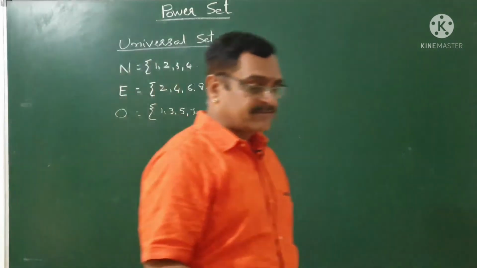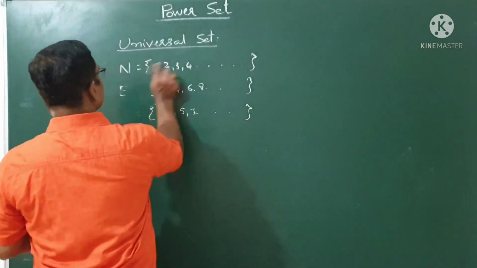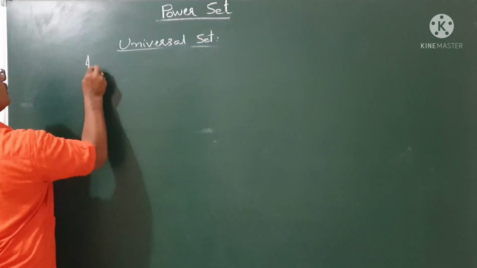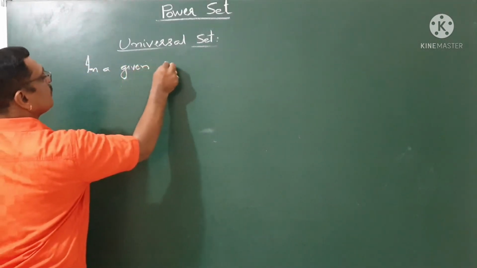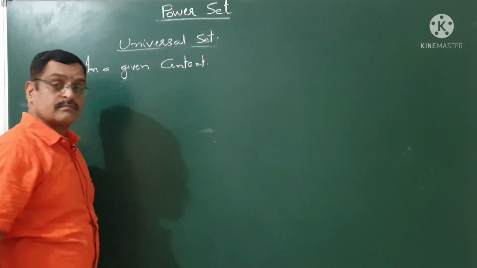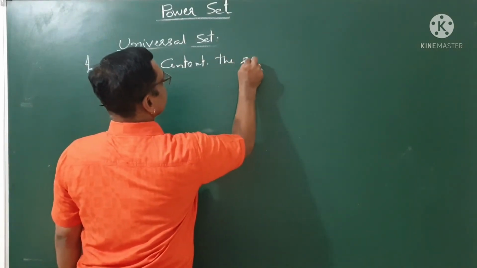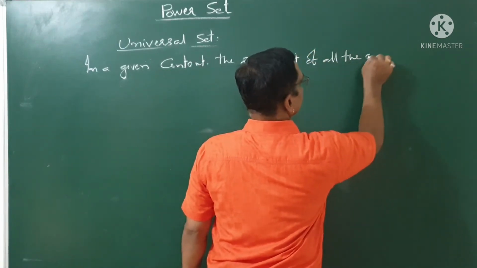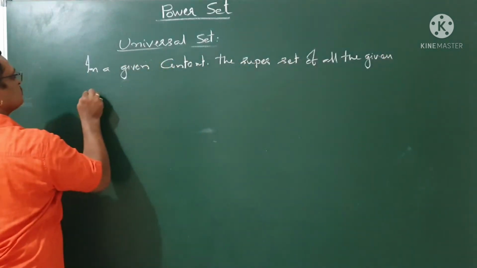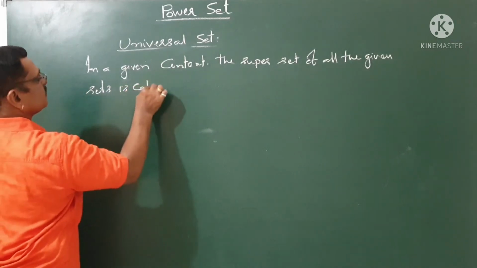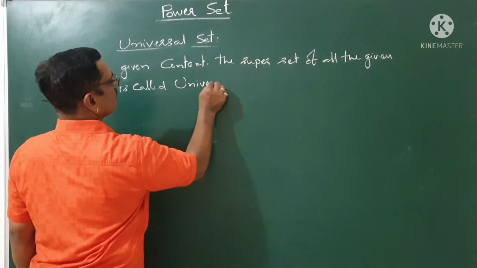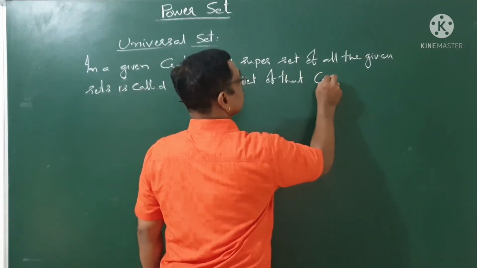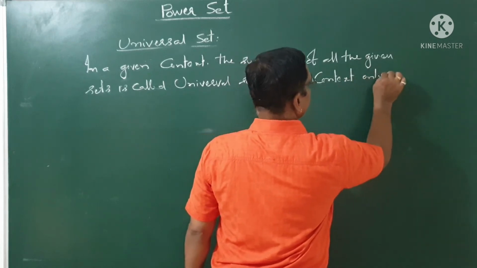So let me write the definition of the universal set. In a given context, the superset of all the given sets is called the universal set of that context only.